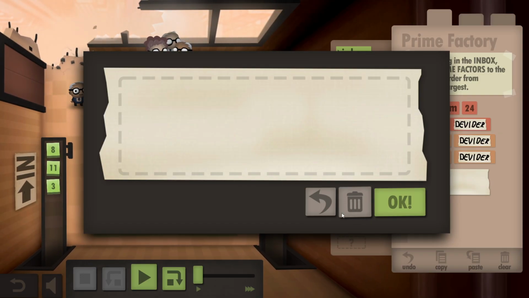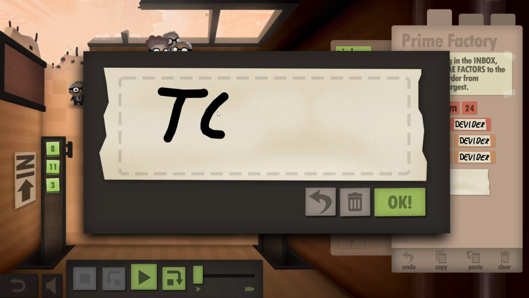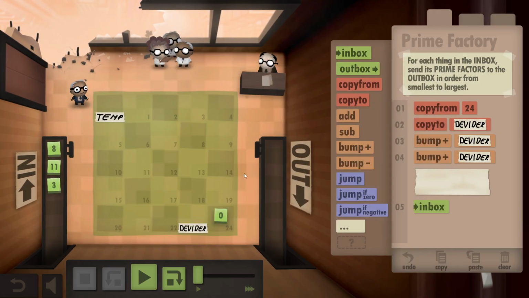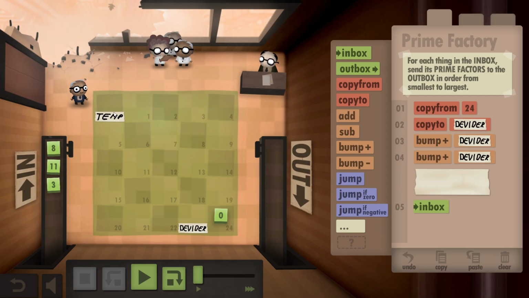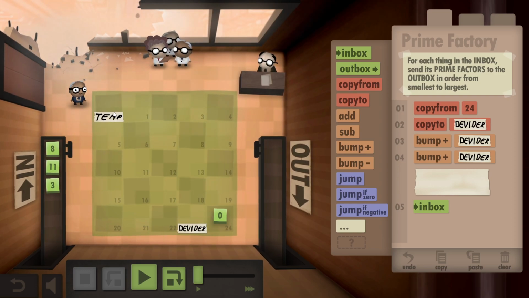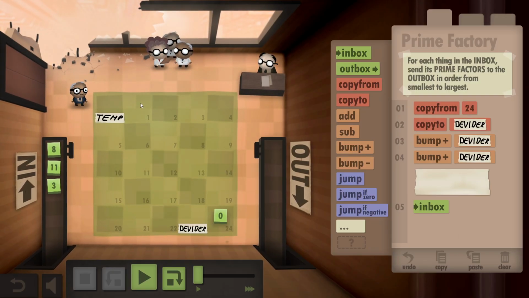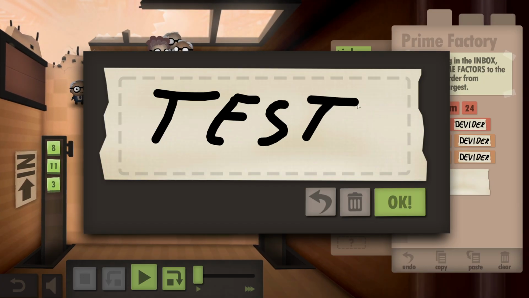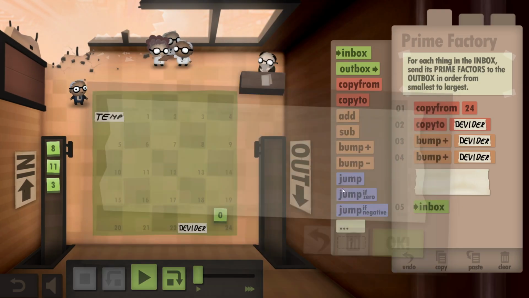Actually, we don't need there. It's gonna be easier to zero-bit temp. Because we need to check it multiple times, right? And then test. Okay, you know what? No. They're too close.